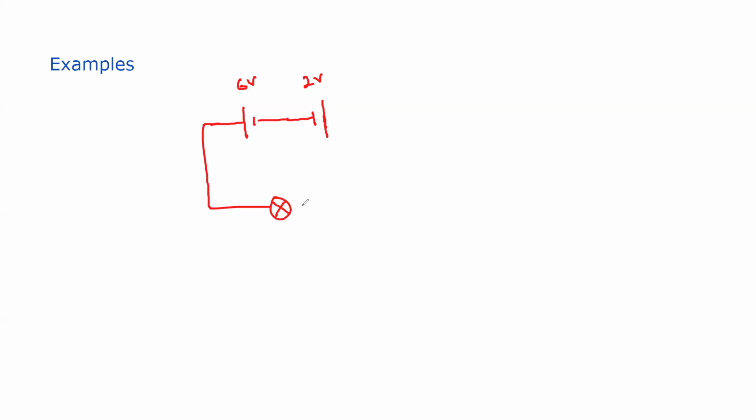And then we have a lamp, 2 lamps are there. So this is positive, negative, and this will be positive, negative. As you can see here, we have 2 supplies which are connected.